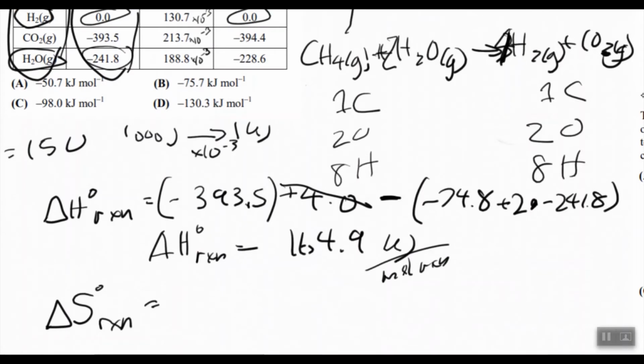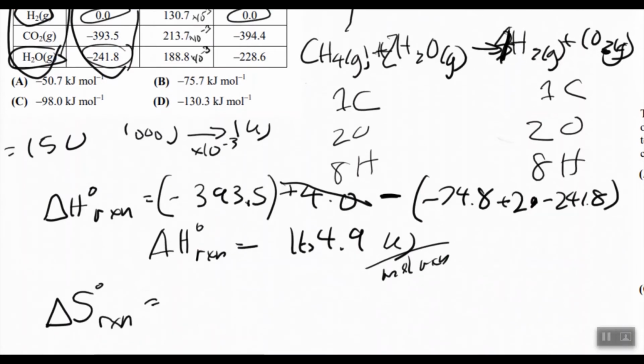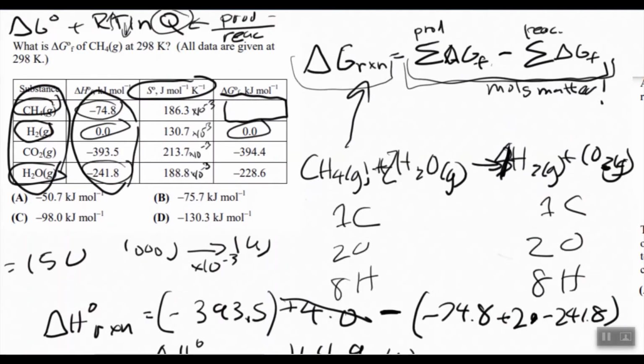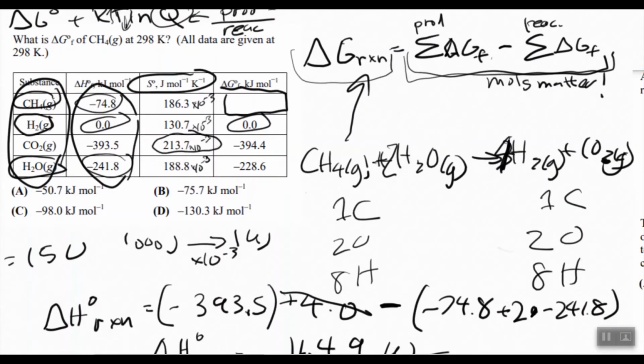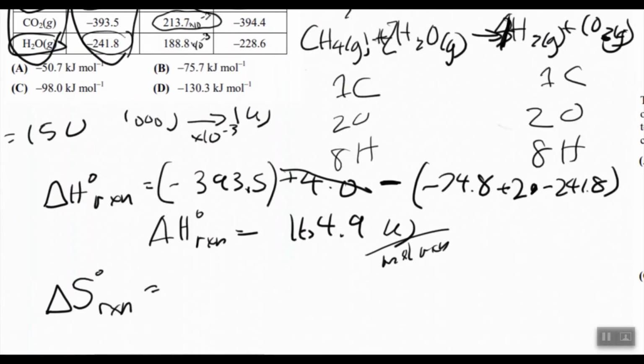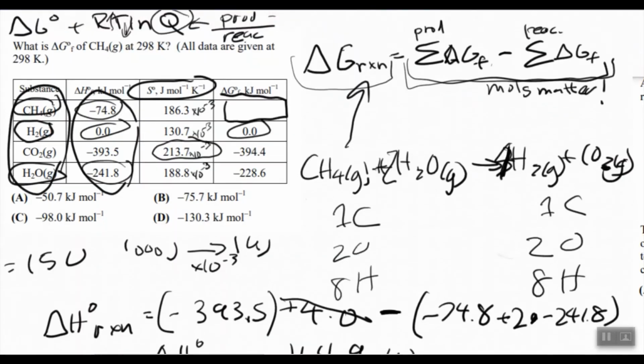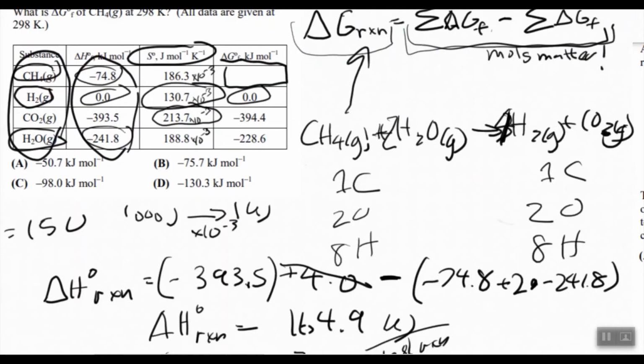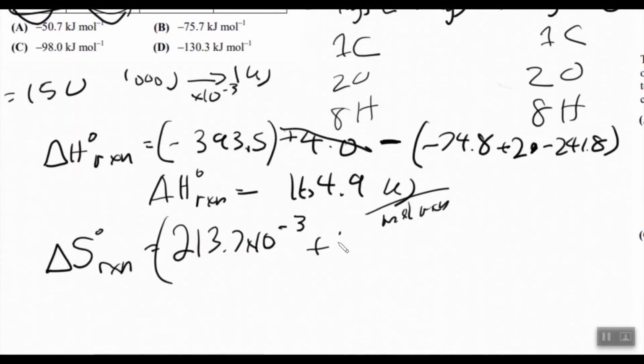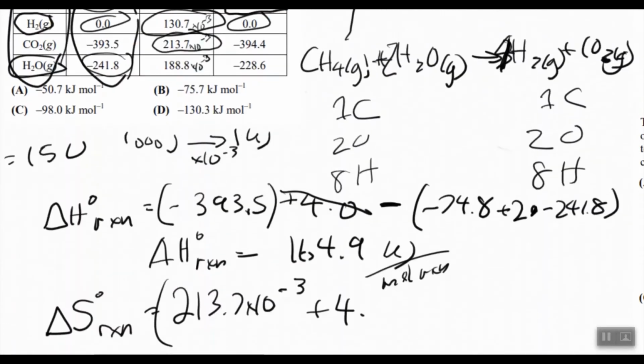Well, we take the reaction again, and we know that the entropy of CO2 is 213.7 times 10 to the negative 3. And this is going to be added to the entropy of 4 H2s. So it's going to be 4 times 130.7 times 10 to the negative 3.